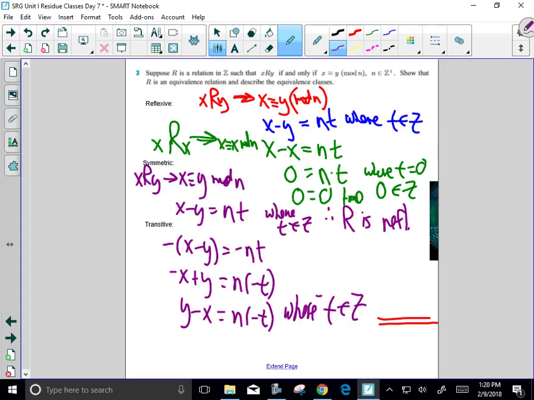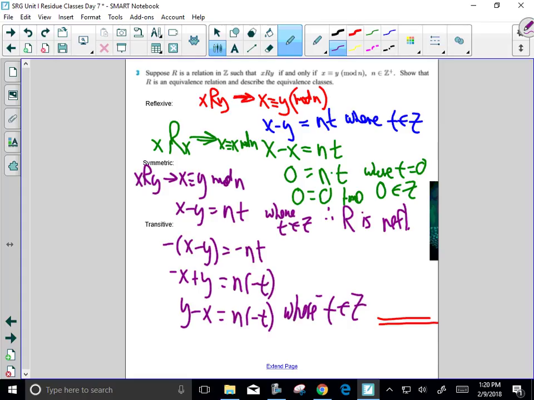I'm doing an algebraic manipulation of this, which I know is true. It's like multiplying both sides by 2. That makes it Y minus X. Then I can do the algebra to see this is the opposite of negative Y, the opposite of X. And what I'm really getting at is that the opposite of T is still an integer.